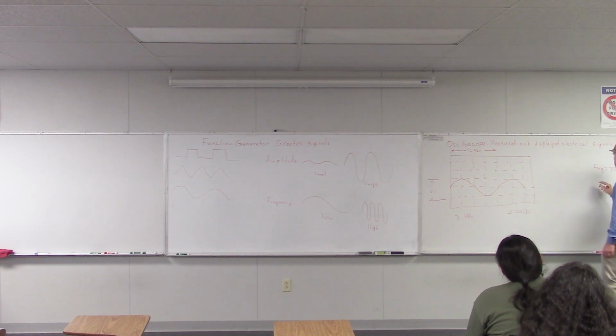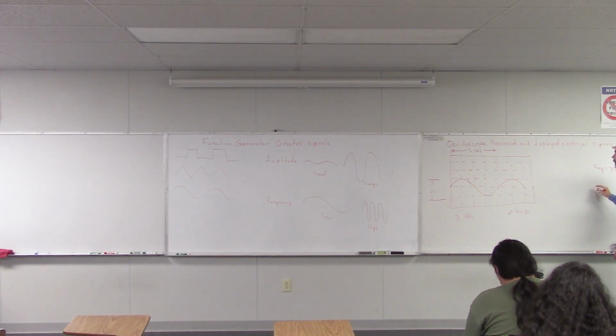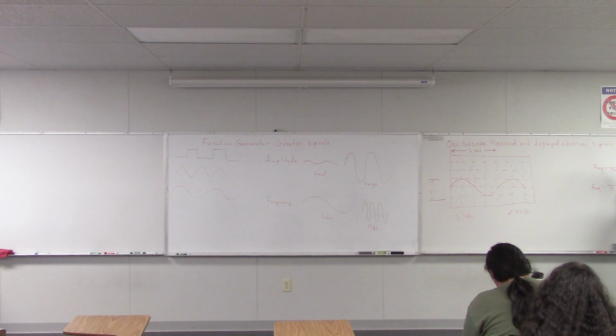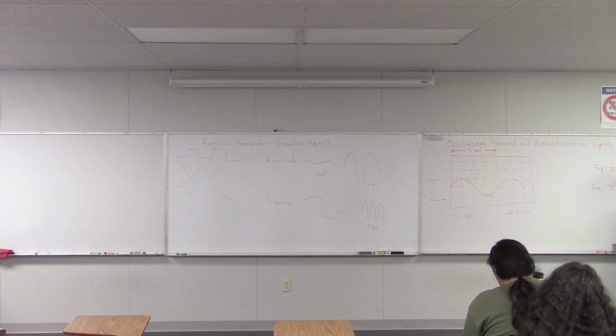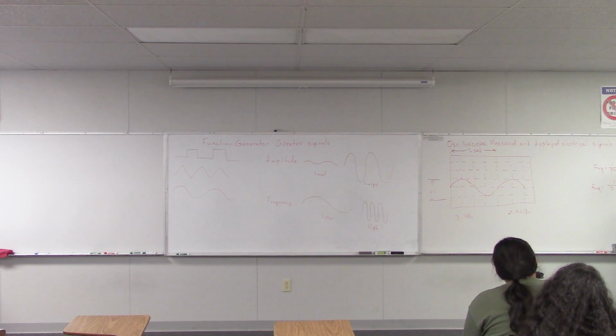So in this case, the frequency would be 1 over 2 seconds. And so the frequency is 0.5 cycles per second, which is also called hertz. So that's the frequency. It's 0.5 hertz.